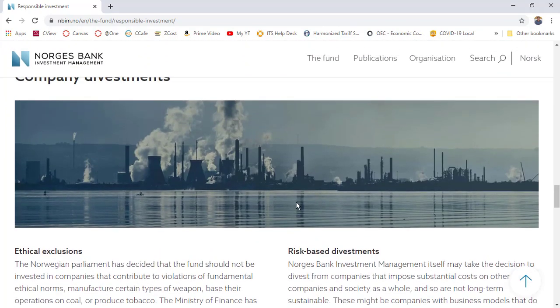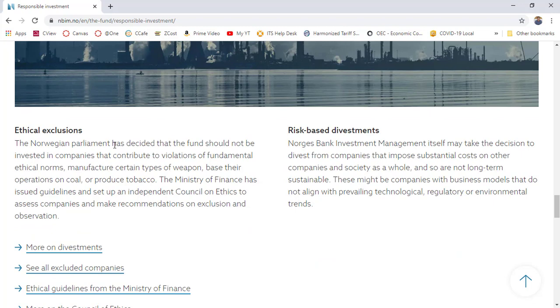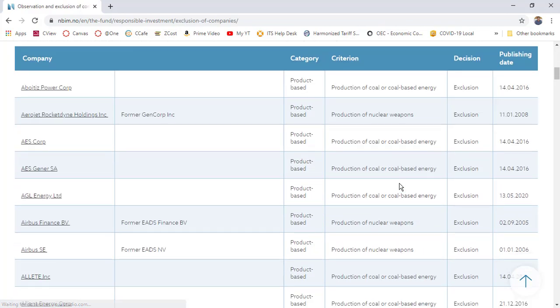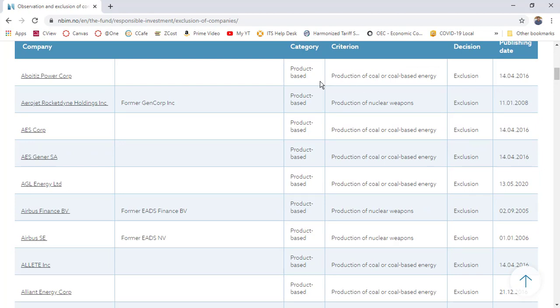These are nuclear power plants here in the pictures. So they have ethical exclusion and risk-based divestment. And so if you want to see, for example, all the excluded companies, there's a list. There you go. And there's a reason. So coal-based is out, which is ironic considering, of course, this is a fund that comes from oil and natural gas, but who's judging?